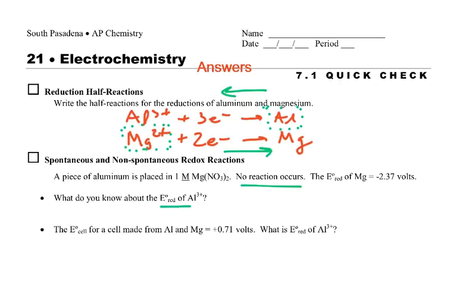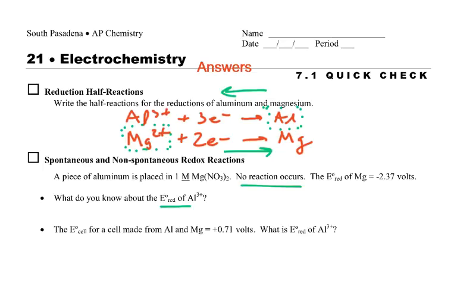Since it's not happening, aluminum must have the higher reduction potential, because if I had put together aluminum ions and magnesium metal, that would happen. But aluminum and magnesium ions, that's not occurring, so I know this order is correct. So I know that the aluminum has a higher reduction potential.